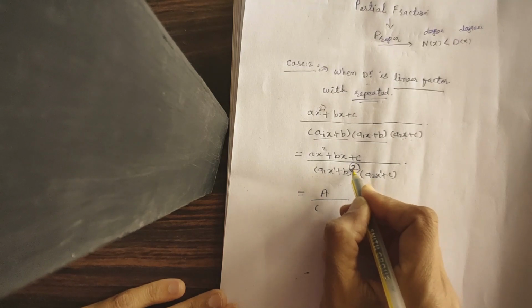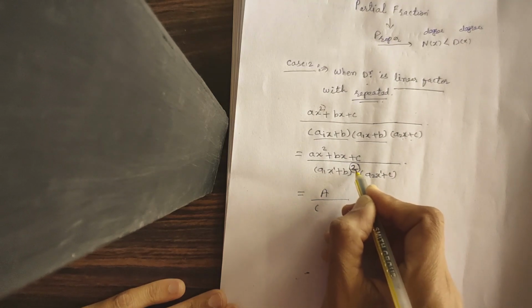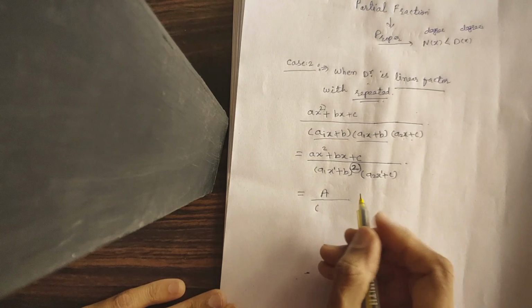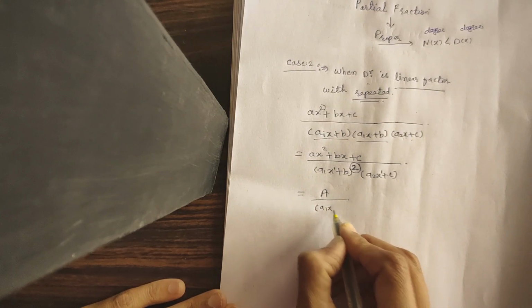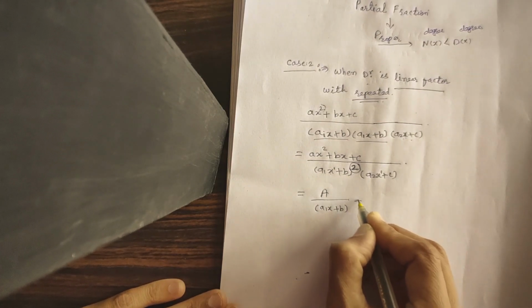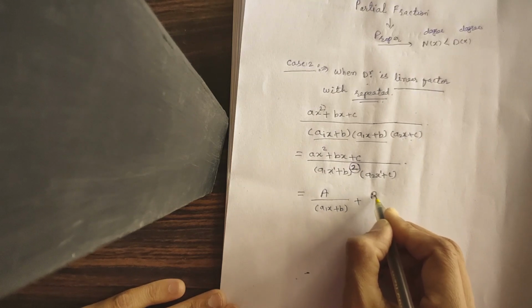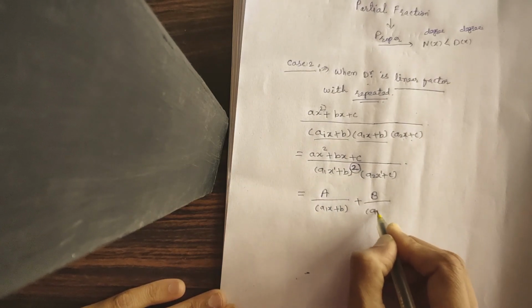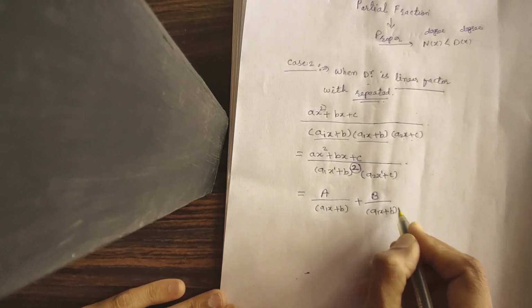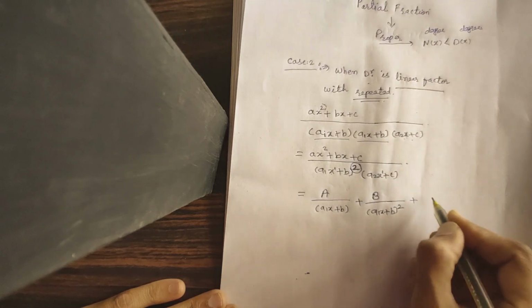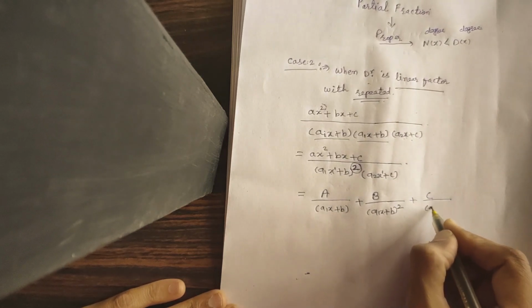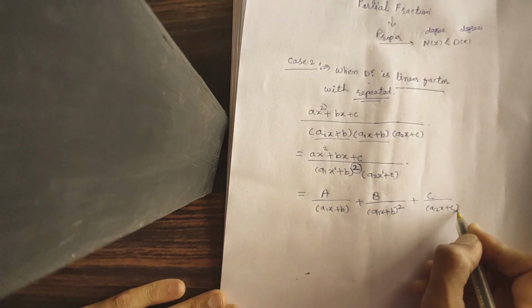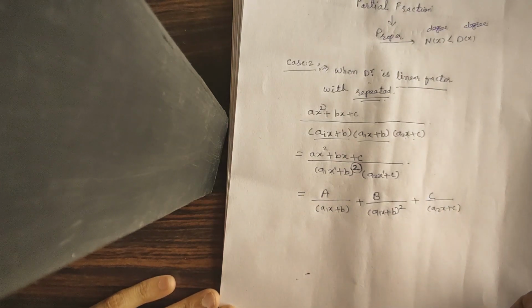I have the highest power 2, the max power is 2, so I need to repeat the bracket 2 times. So A upon (a1x + b) plus B upon (a1x + b)^2 plus C upon (a2x + c). That's how we resolve it.